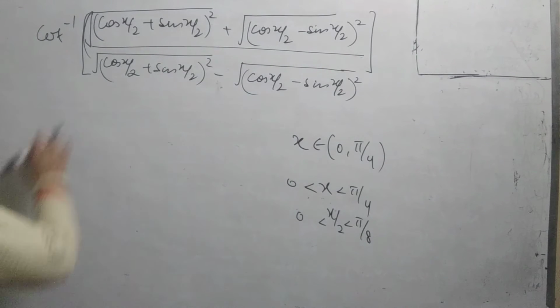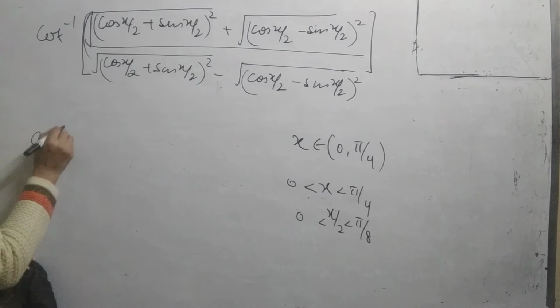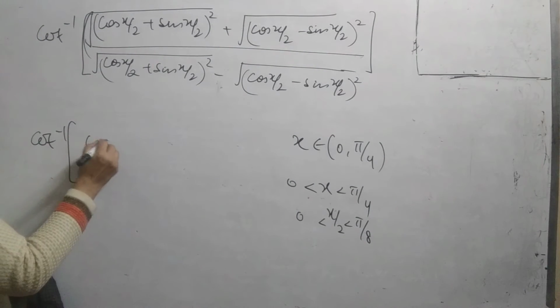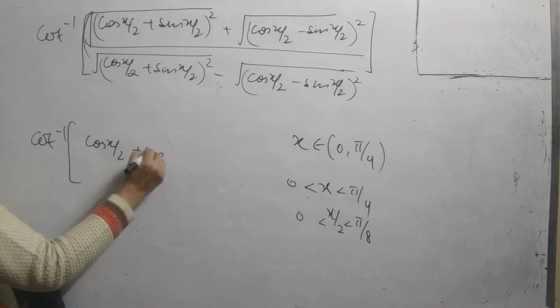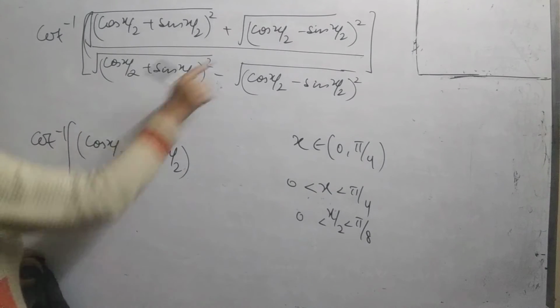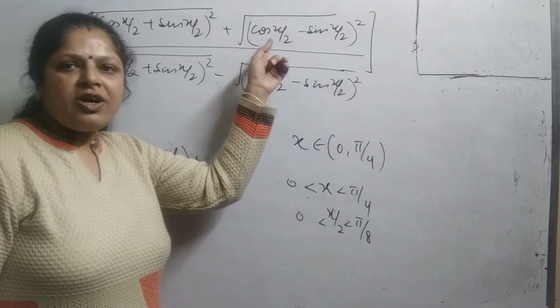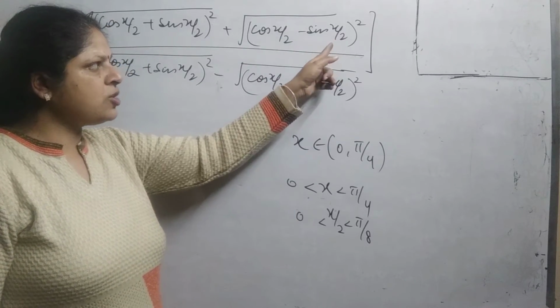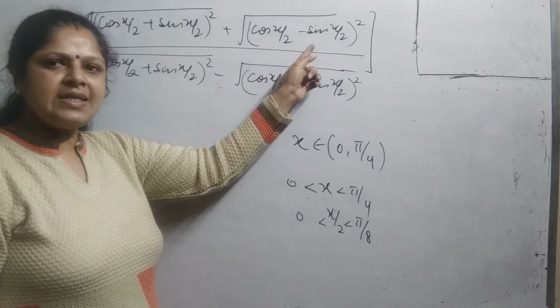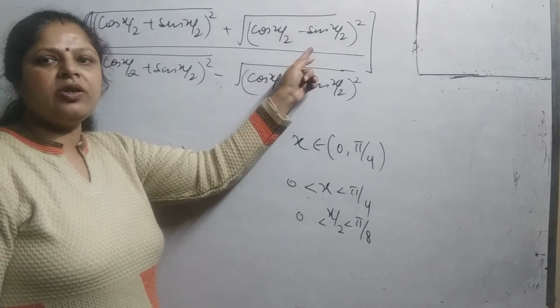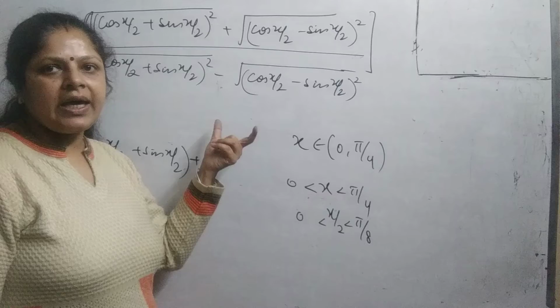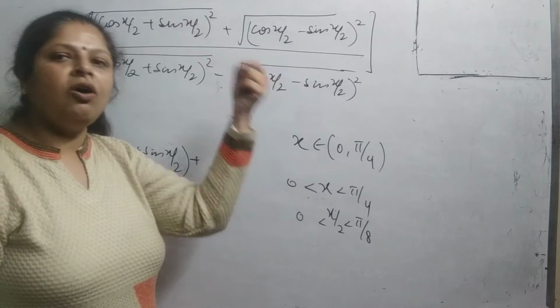So without any doubt, the first expression I will write as cos x by 2 plus sin x by 2. But for the second, now see carefully, I have to see whether cos x by 2 is greater than sin x by 2 or cos x by 2 is less than sin x by 2. Depending upon that, my mod x will be plus x or minus x.